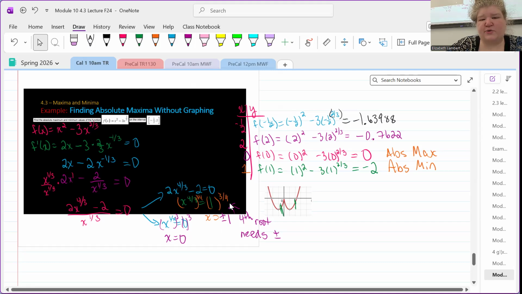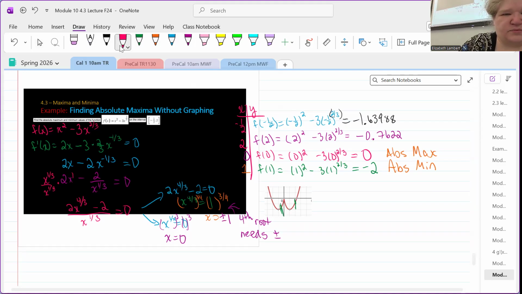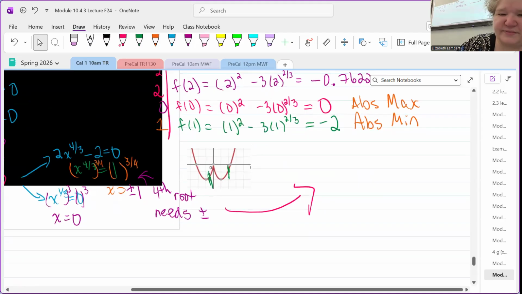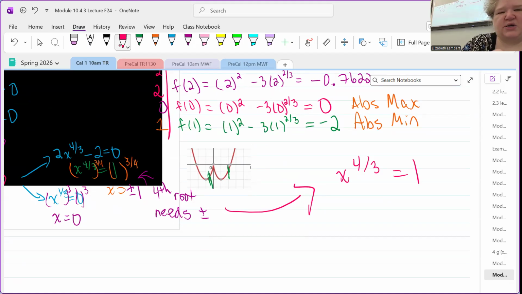Well, it's 1 to the 3/4. So here, let me write it here. We had x to the 4/3 equals 1. So I'm going to do this as 2 steps instead. I'm going to get rid of the third part, the 4/3, by raising it to the third power.